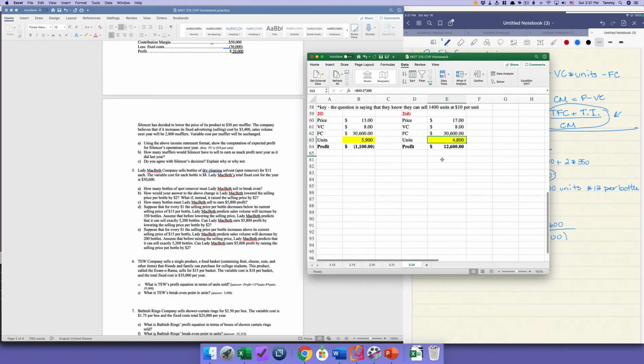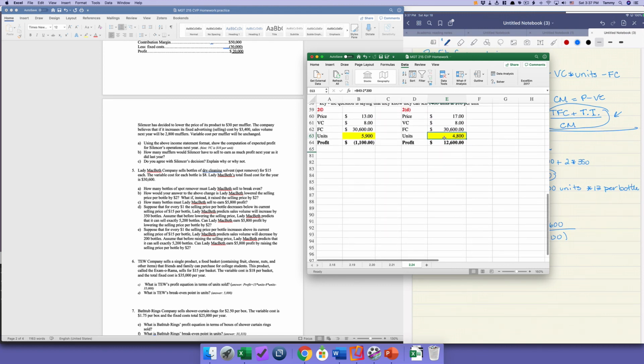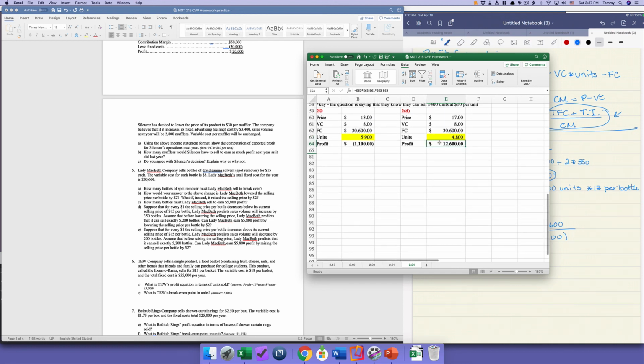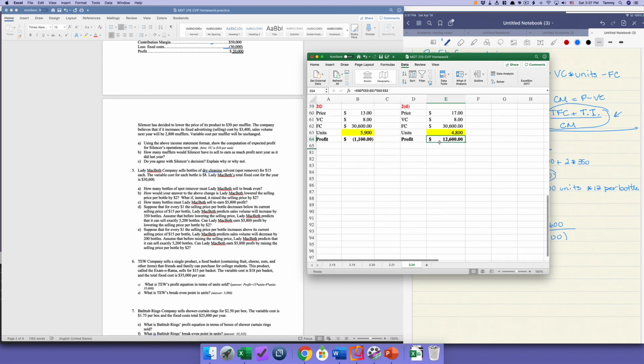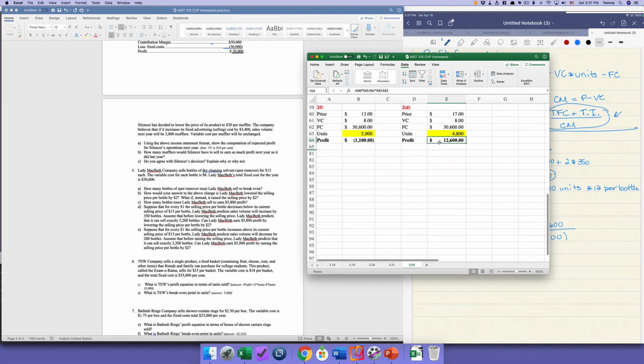So at 4,800 units, at this higher price, we'll actually make a lot more money. This is how luxury goods make their money. They have outrageously high prices, variable costs are very low, and they don't have to sell very much to make a profit.